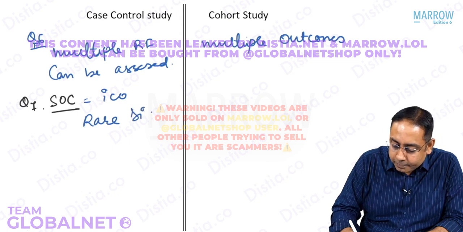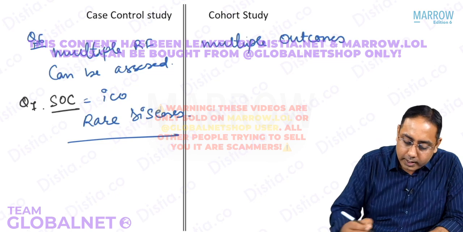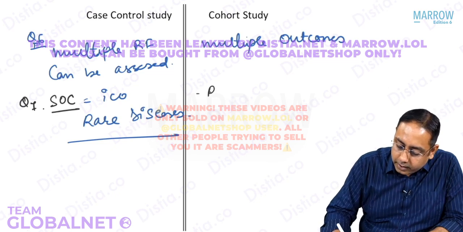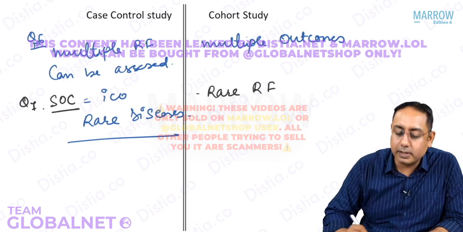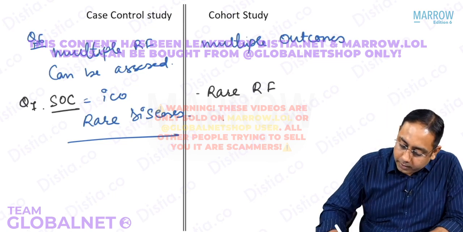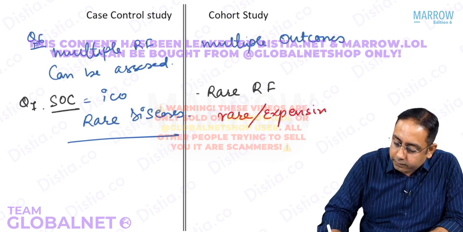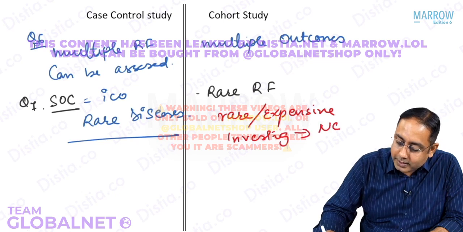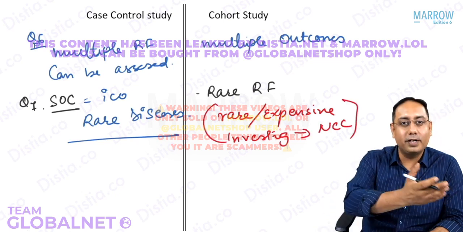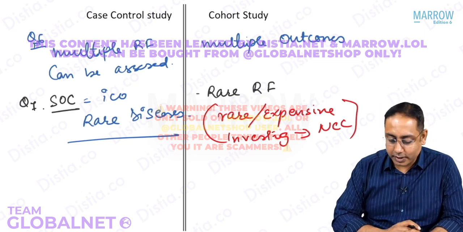In case of rare diseases, the study of choice is a case control study. Whereas on the other hand, in case of rare risk factors, the study of choice is a cohort study. Please mind it. I hope you remember, in case of rare or expensive investigations, the study of choice was nested case control. I hope you remember, we already did it when we talked about the NCC nested case control studies.